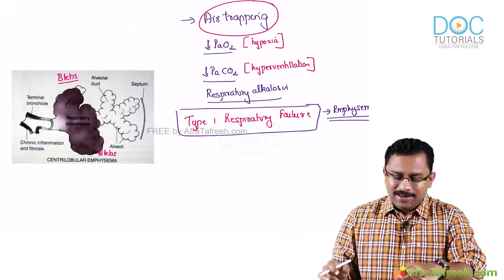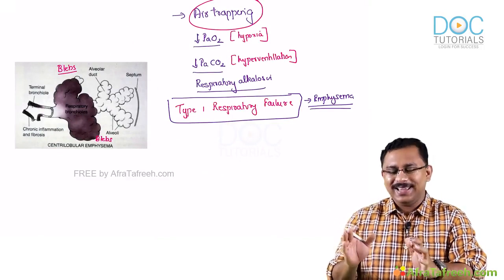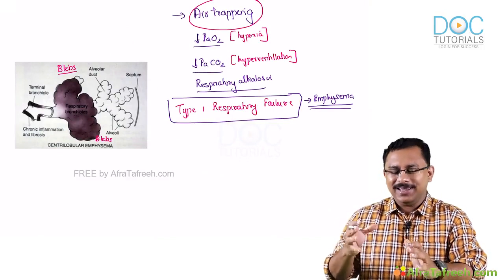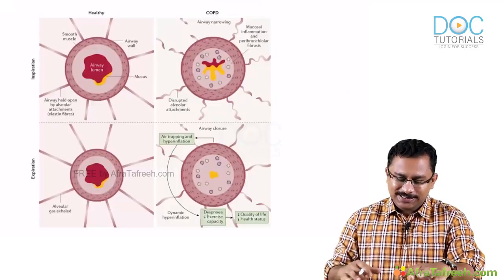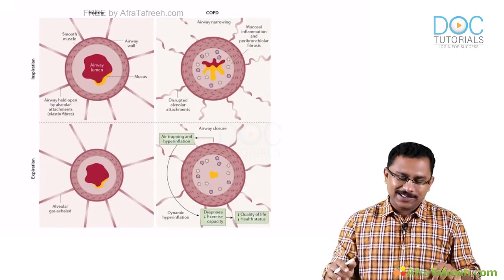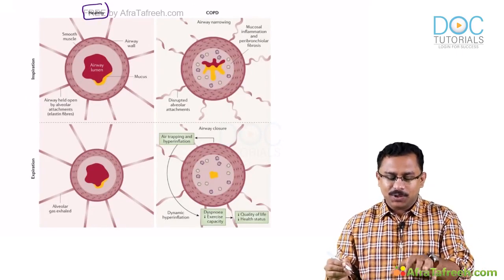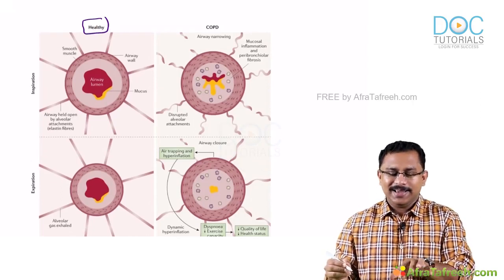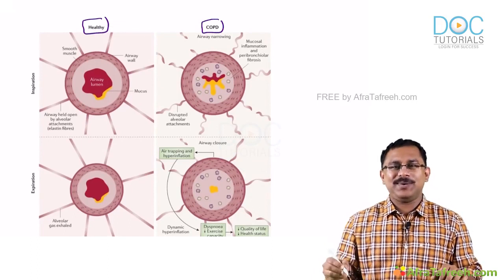Okay, clear. Now having understood that, let's go a bit more into what is exactly happening and why this air trapping is happening. I'll just show you a picture. Just relax, we are just going to understand this picture. On the left hand side, both above and below is a healthy alveoli, and here it is a COPD patient.